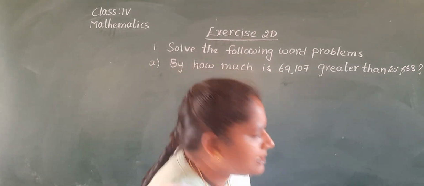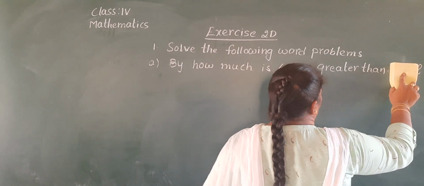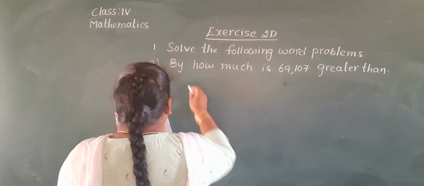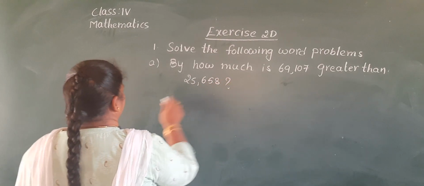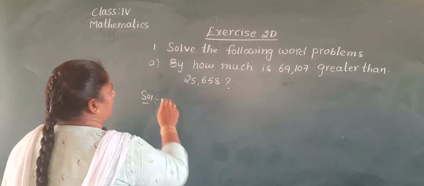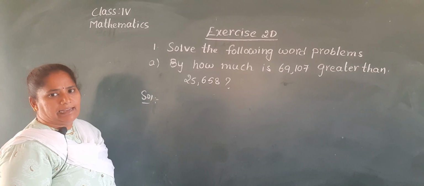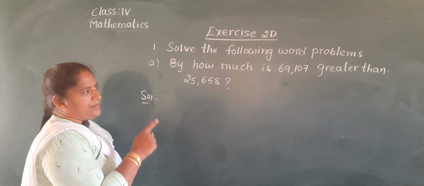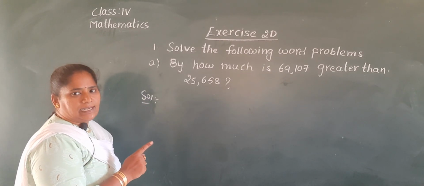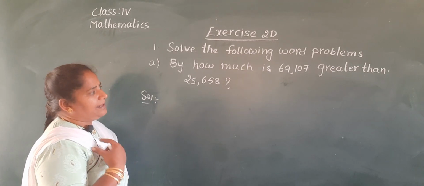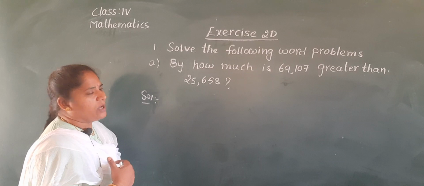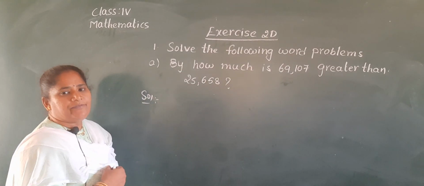You can't see this, so I'll write here. This is the question. All of you write in your classwork neatly. By how much is 69,107 greater than 25,658?